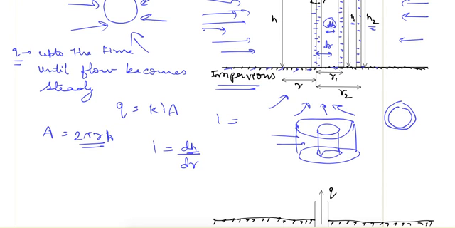So now if I put this value in the equation, Q is equal to K dh upon dr into 2 pi rh.